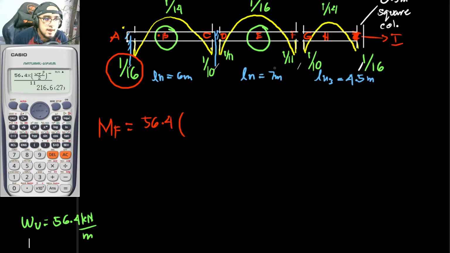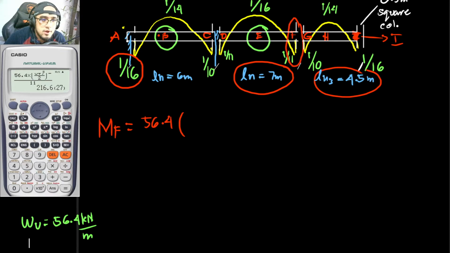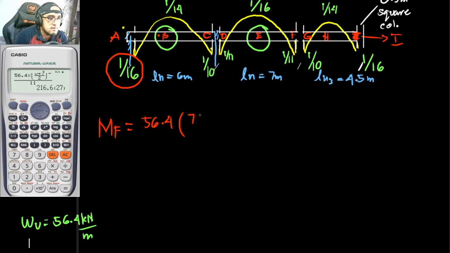And yung ln niya, guys, is to be the average of this and this, kasi nga, yung moment na kinukuhanan natin is at this particular column. So kung ano yung nasa dalawang gilid niya or yung adjacent sa kanyang mga span, yun yung kukunin nyo ngayong average. So with such, this is now to be equal to 7 plus 4.5 divided by 2 squared divided by the coefficient, and the coefficient here is to be 1 over 11.